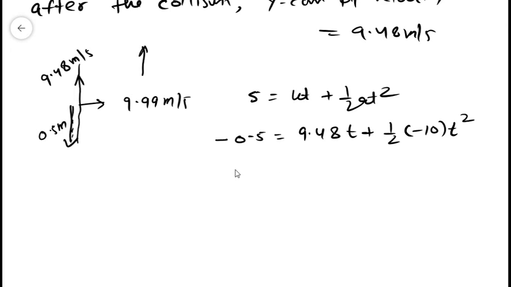So this equation becomes 5t square minus 9.4t minus 0.5 equals 0.